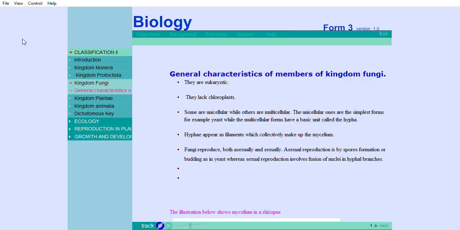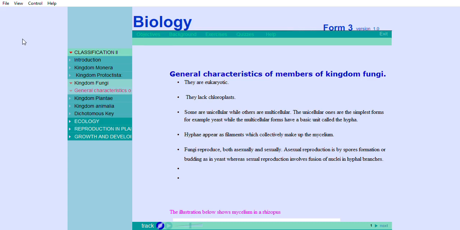General characteristics of members of kingdom fungi. They are eukaryotic. They lack chloroplasts. Some are unicellular while others are multicellular. The unicellular ones are the simplest forms, for example, yeast, while the multicellular forms have a basic unit called the hypha. Hyphae appear as filaments which collectively make up the mycelium.